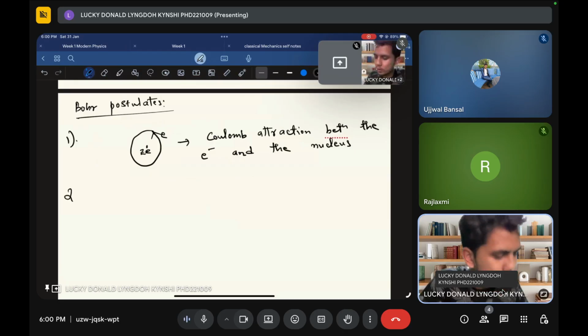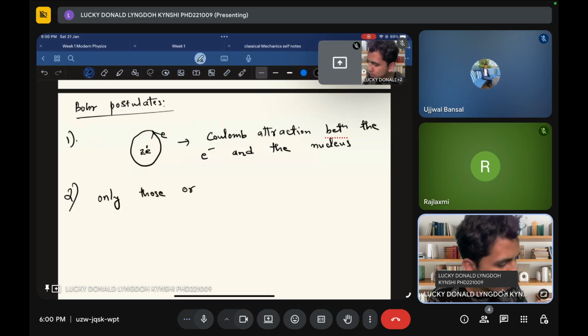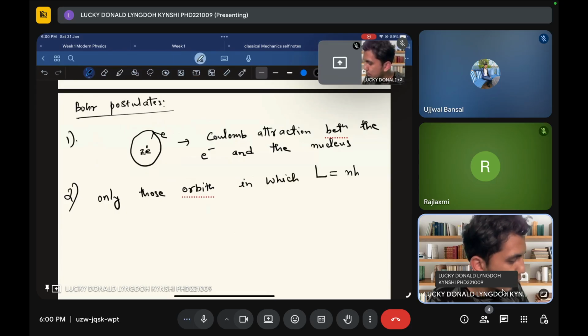The second postulate says that out of many possible orbits, classically there are infinitely many orbits in which the electron can move around the nucleus. But he says that only those orbits in which the angular momentum L is equal to nh by 2 pi are allowed.